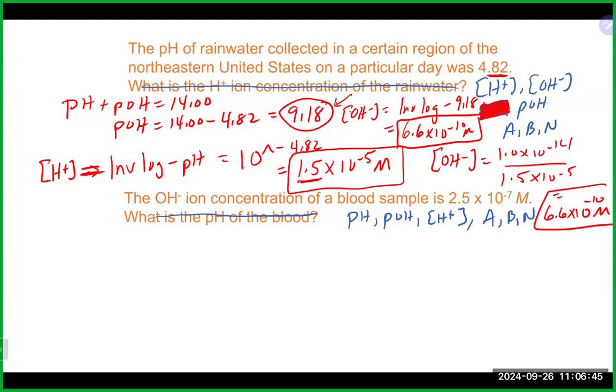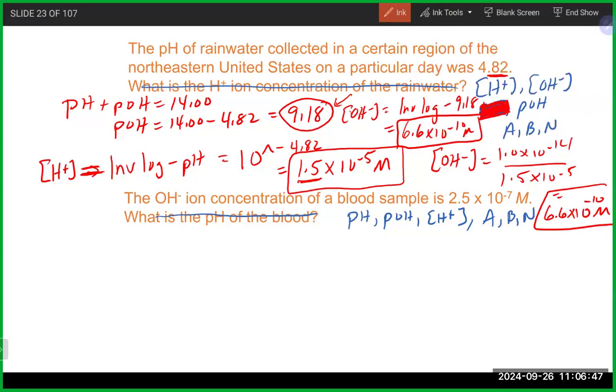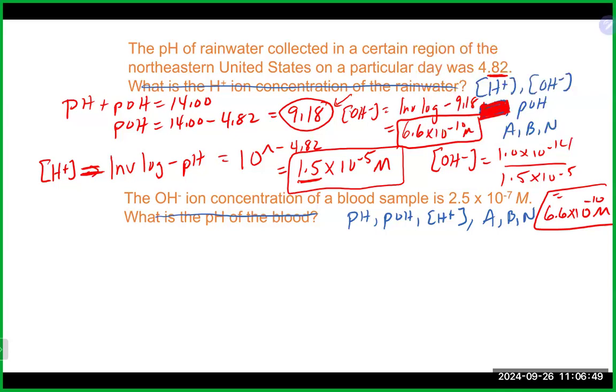Is this solution acidic, basic, or neutral? What is it? Well, the pH is 4.82. That is what you should look at, and this solution is acidic. By the way, when you are asked that question, there's just one answer, and that's not acidic and basic at the same time.